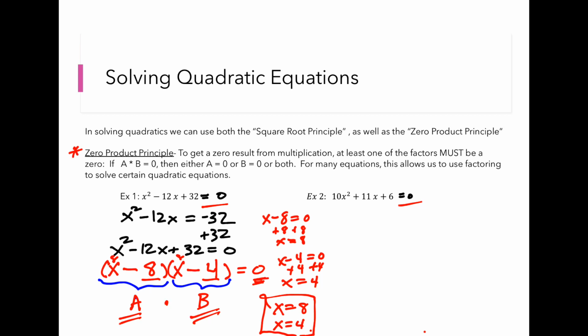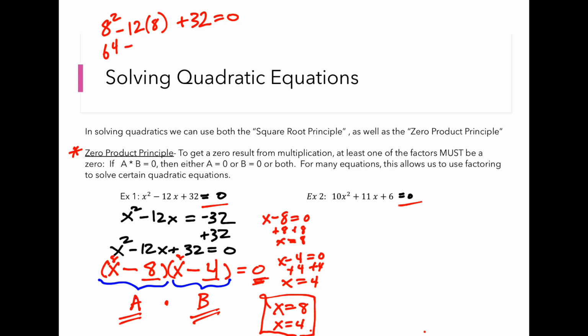I'm going to do both, but going back to the original equation here, if I have 8 squared, so x squared minus 12 times 8, and then I add 32, do I get 0? Well, this is 64, and 12 times 8, I believe, is 96. My times tables sometimes get a little rusty over time.